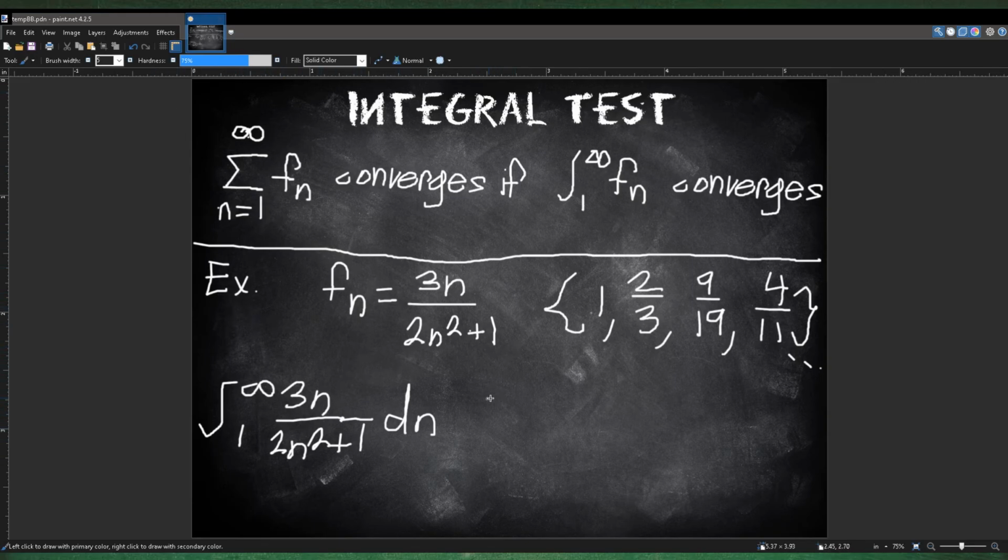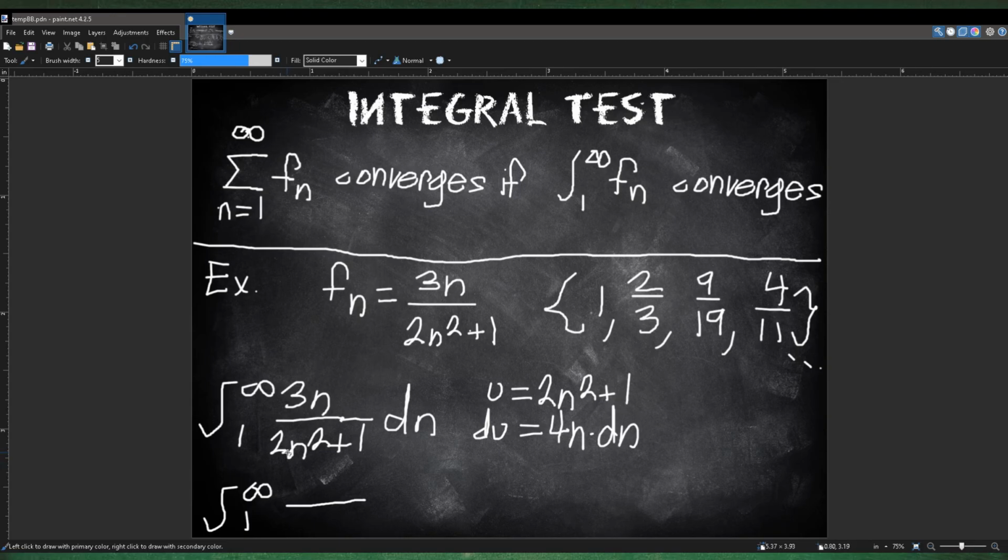Well, let's use substitution. So u is equal to 2n squared plus 1. The derivative of u is equal to 4n times dn. So knowing this, we can substitute our integral from 1 to infinity.